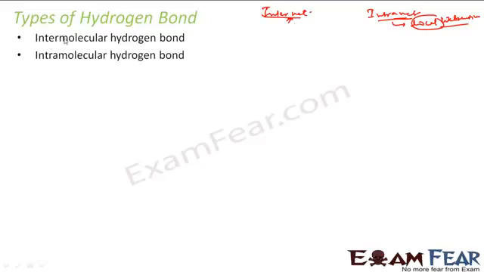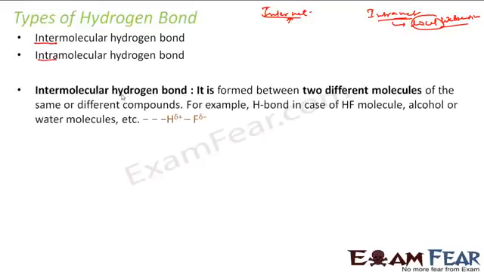Similarly, we have intermolecular and intramolecular hydrogen bond. When you say intermolecular hydrogen bond, you are talking about 2 different molecules. For example, in this case, HF, again there is one more HF here. Fluorine will get a partial negative charge, this hydrogen will get a partial positive charge, and there will be a bond between them. Water also has the same thing.